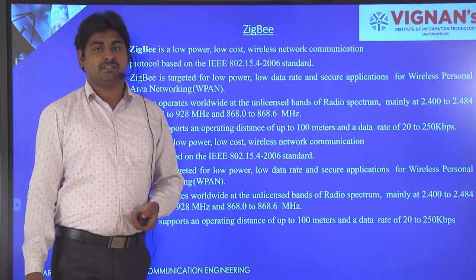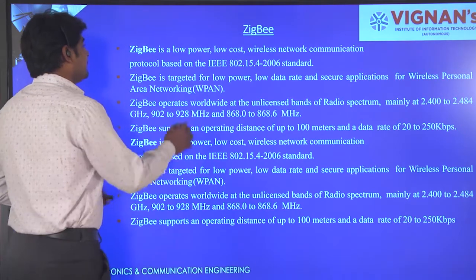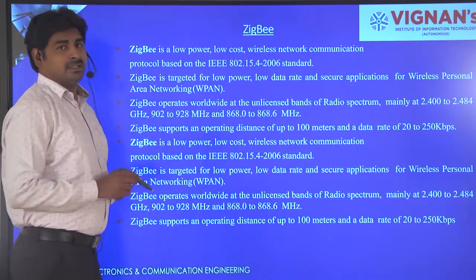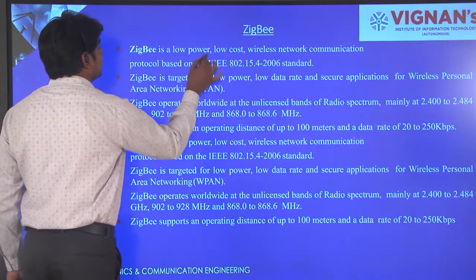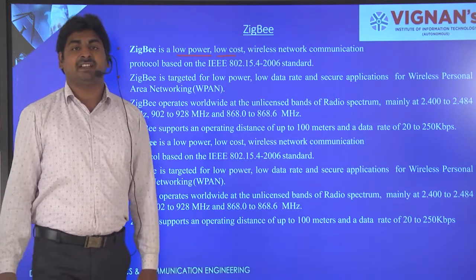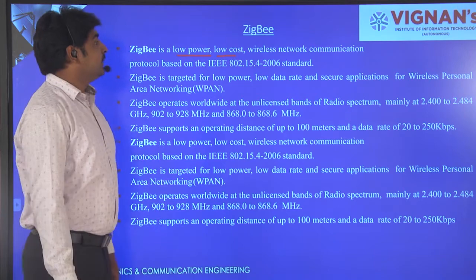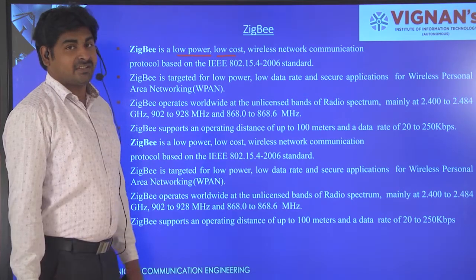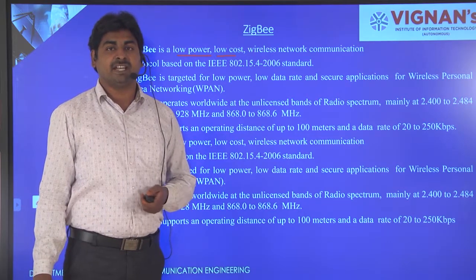Next, Zigbee. Zigbee is another kind of external communication device. The main advantage of Zigbee is its low power. It is low power and low cost, and that is the reason why for home automation, most of the time users use Zigbee to communicate with the devices present in their homes.